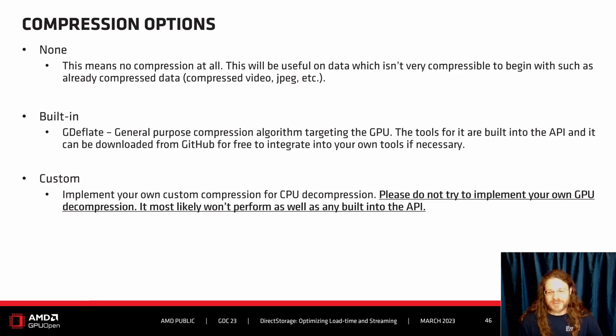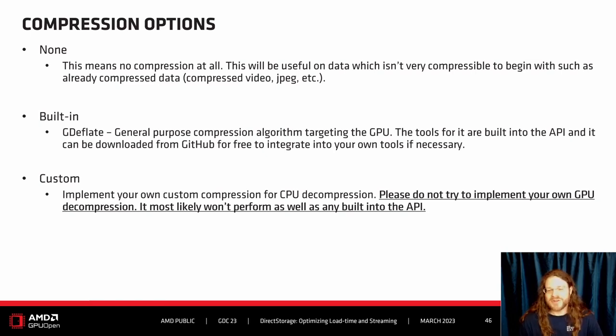So what are the compression options offered by DirectStorage? Well, we could choose not to use any compression, and that might be advisable for things like compressed video or JPEG data, which has already been compressed to begin with. We could use the built-in compression, which is currently GDFlate. And this is a general purpose compression algorithm targeting GPUs.